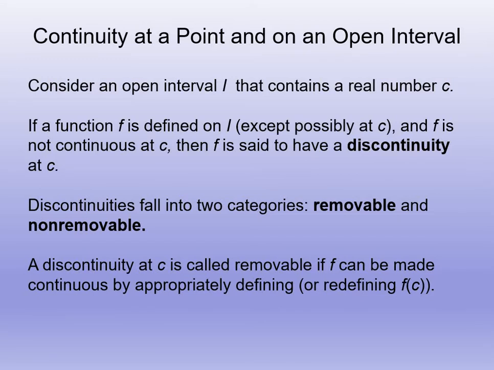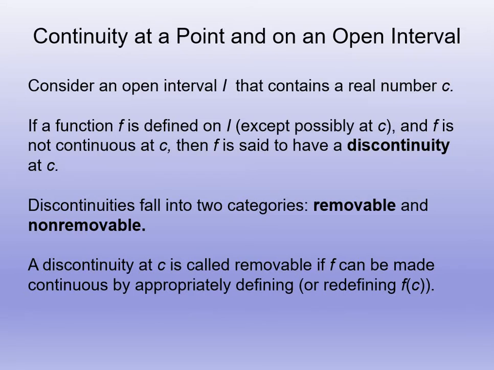Okay, so if we look at an open interval that contains the real number c, if the function f is defined on I except at c, right, so our function is not defined, this is how we're going to define different types of continuity here. So if you think back at the first three graphs we looked at, and f is not continuous at c, it's said to have a discontinuity at c, right? So when we start talking about discontinuity, there's two types of discontinuities.